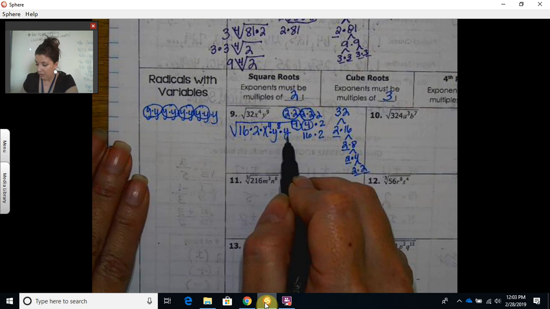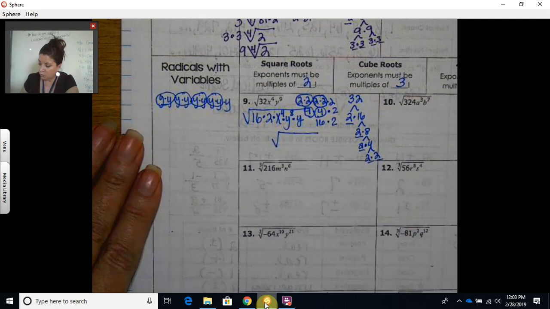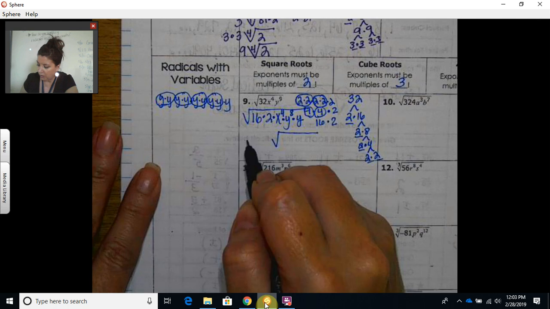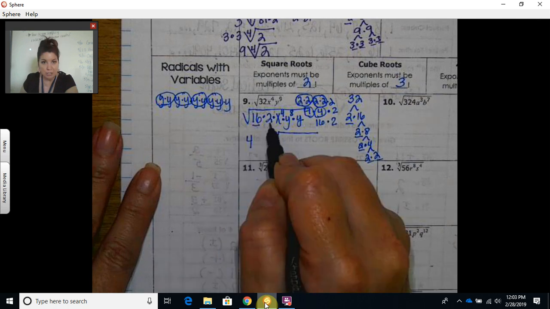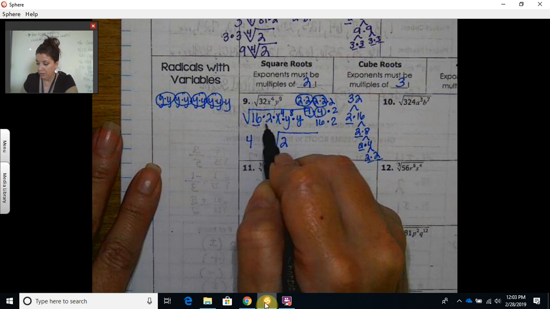So, now that we have everything broken down, I know I'm going to still have a radical in my answer because not everything's a perfect square. If it's a perfect square, put the square root on the outside. What's the square root of 16? 4. All right, so we're done with that. What do we do with the 2? Stay under the radical because we can't take the square root. What's the square root of x to the 4th?